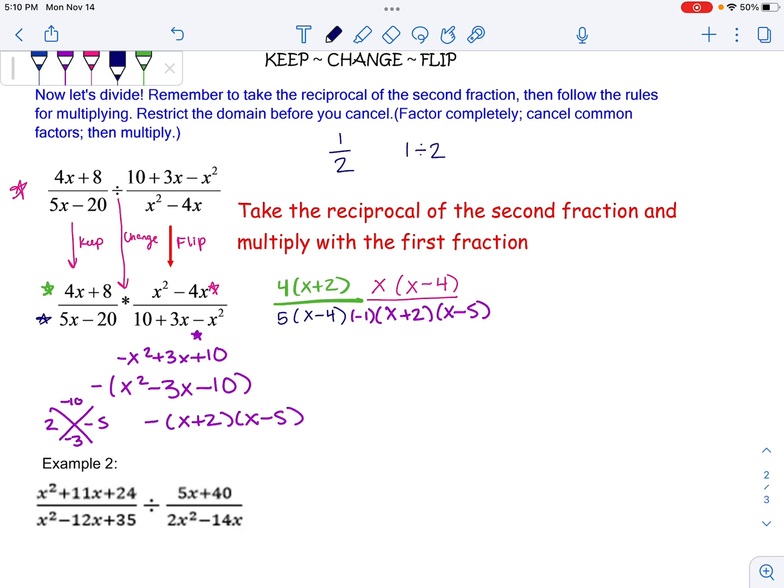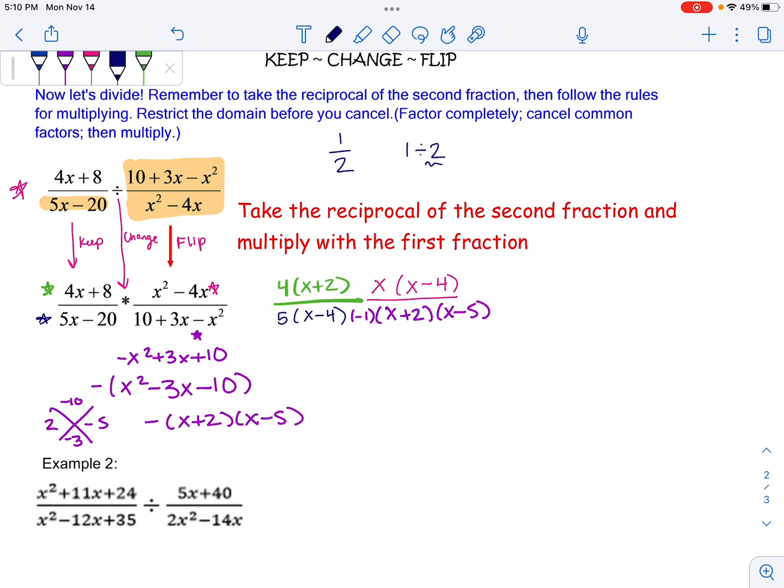So when we are dividing by something, whatever we're dividing by, that is the denominator. We cannot divide by a 0. So in division problems, it's not just the denominators that can't equal 0. Actually it's the entire second fraction that cannot equal 0, because I'm dividing by this fraction.